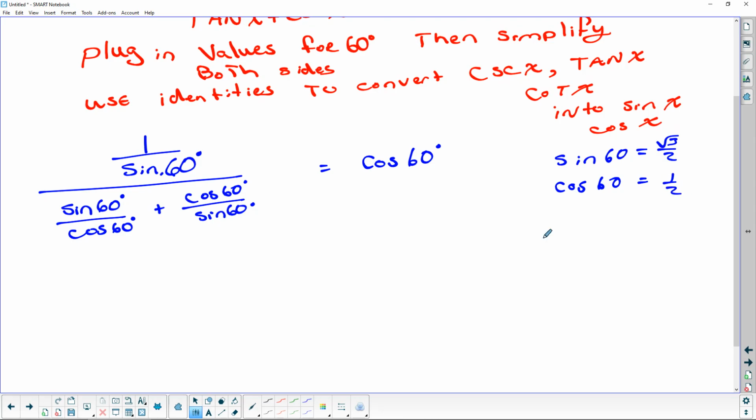Okay, now that we have our values, we're going to plug them in and simplify our results down to see if they're equal.